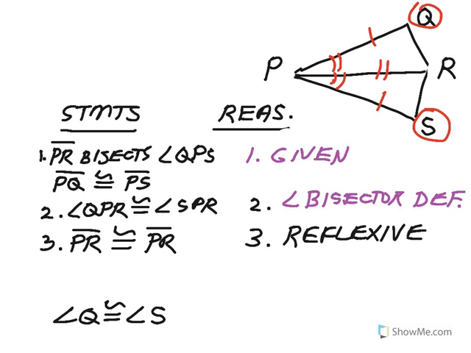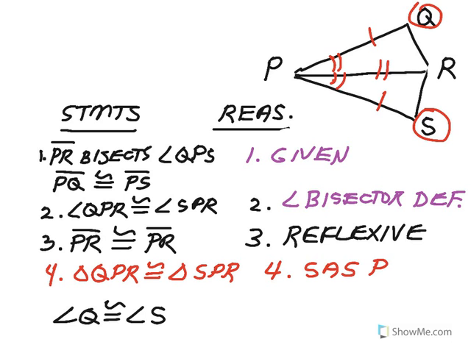So that's a key thing that I'm doing here, is I'm trying to prove the triangles congruent. So triangle QPR is congruent to, and that would correspond to, SPR. Okay, and the postulate that I use to get that is side angle side.